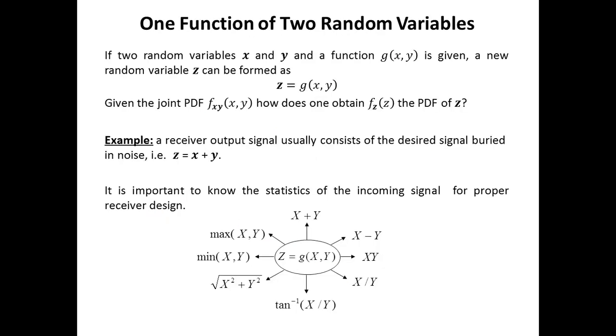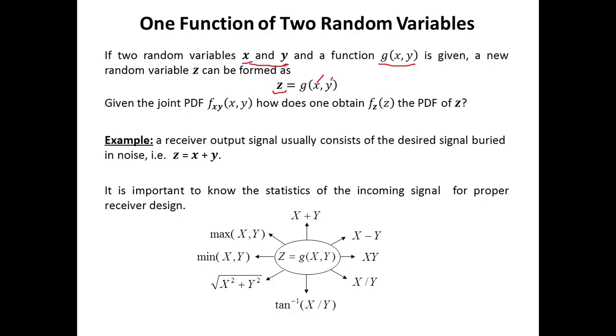Now let us consider the first scenario where we have two random variables X and Y, and we generate another random variable Z as a function of these two random variables, and the functional behavior is given as g(X,Y). So the third random variable Z is actually g(X,Y), where X and Y are two random variables.